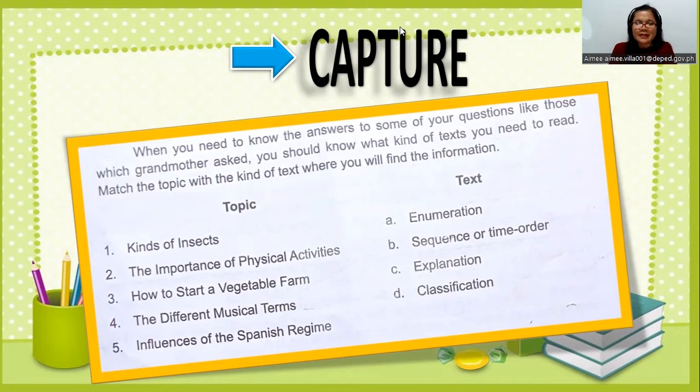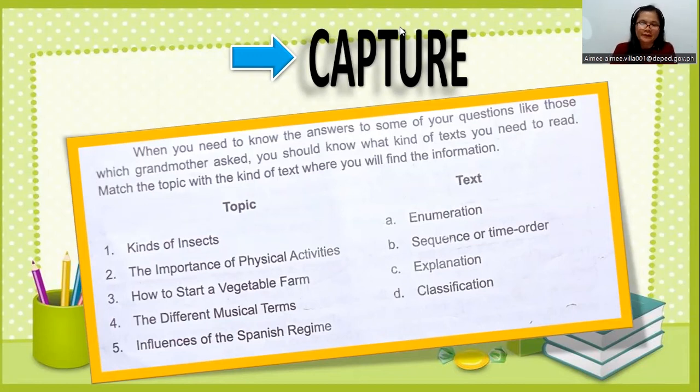Very good. It's classification. How about number 2? The importance of physical activities. Okay, it's explanation. Number 3, how to start a vegetable farm. Okay, very good. It's sequence or time order because you're going to follow several steps.